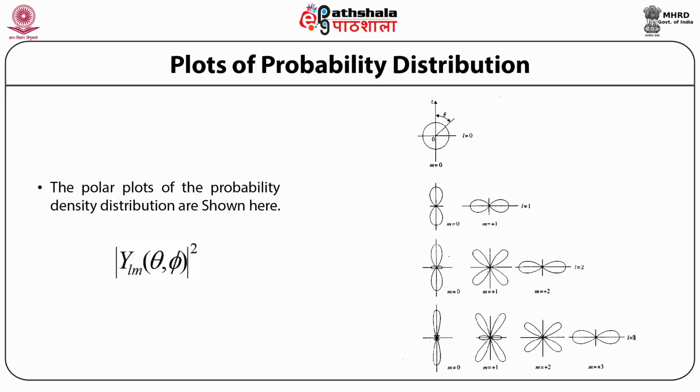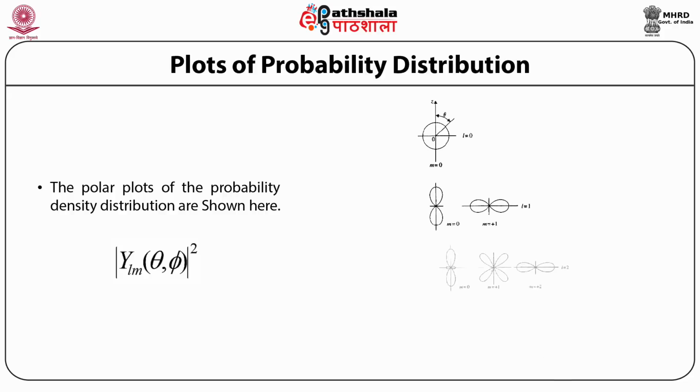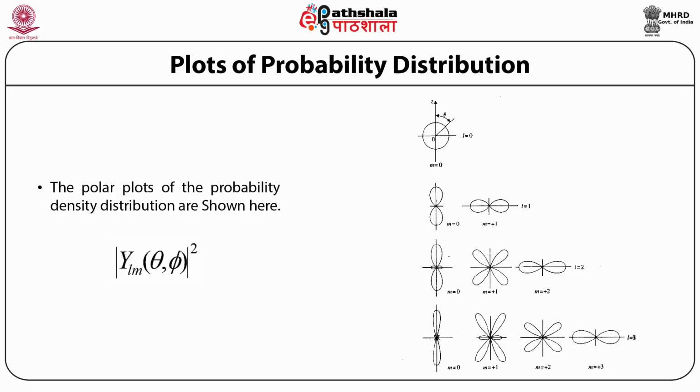The first of these plots is for m equal to 0 and L equal to 0, and we can see that in this plot it's a circle.